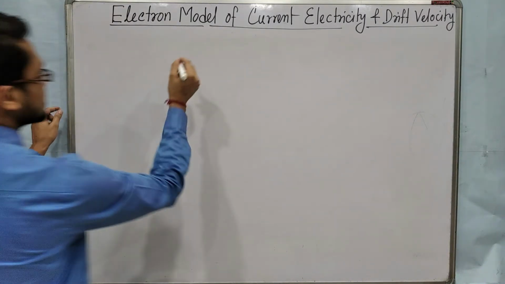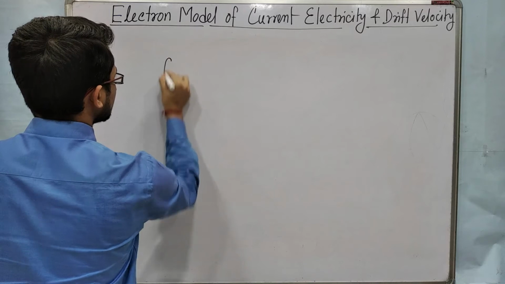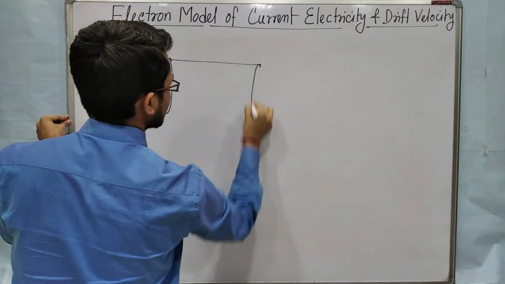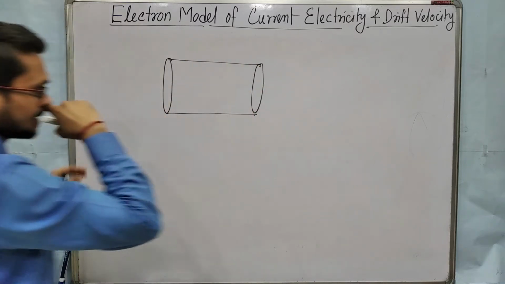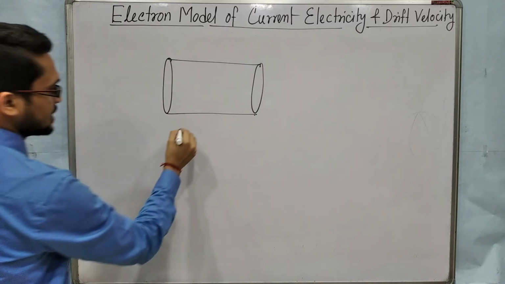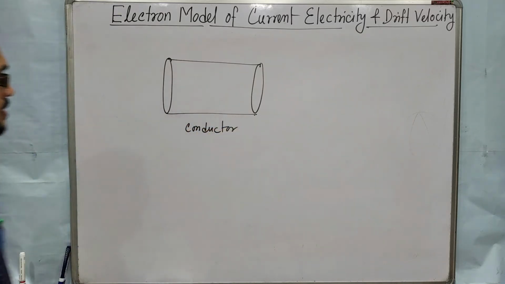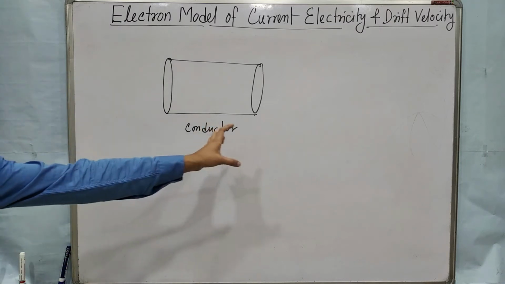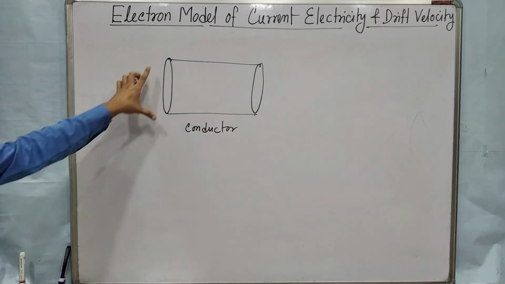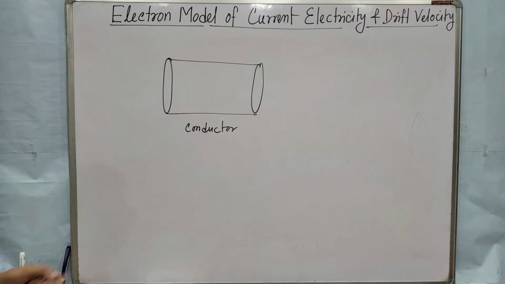So first suppose this is a conductor, a cylindrical conductor. It is not connected to any external battery. It is just kept on a floor or anywhere.